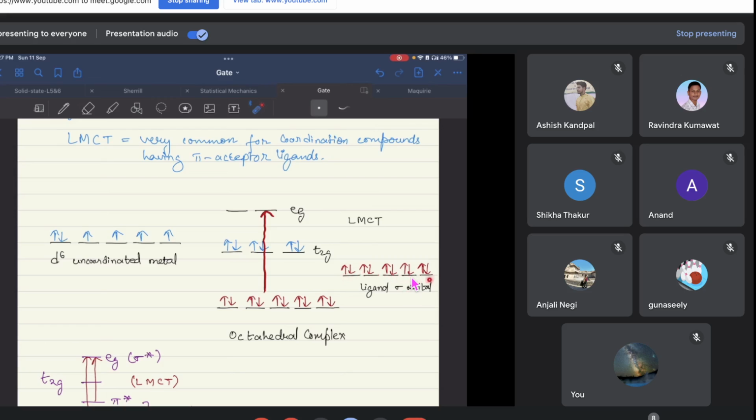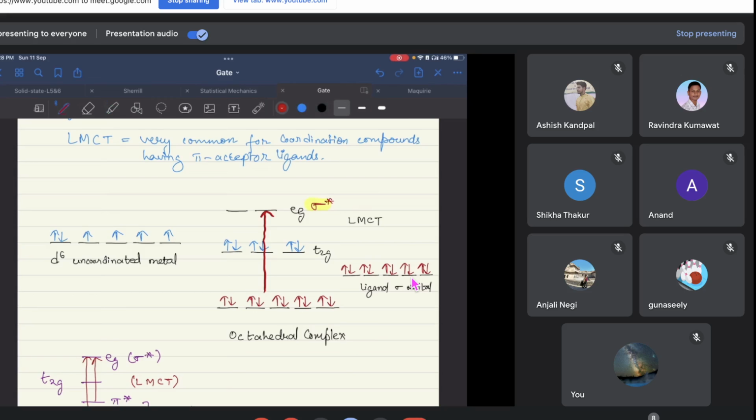In an octahedral complex, the molecular orbital diagram of the complex will look like this, where the splitting of the degenerate d orbitals takes place in the octahedral field into t2g and eg orbitals, and then the LMCT will take place from the sigma orbital here to the one which is empty.